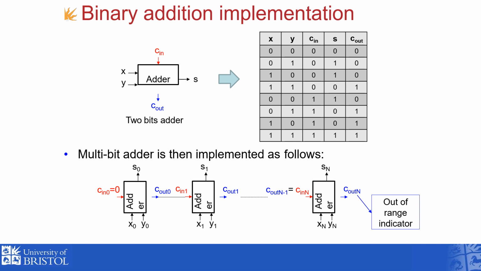It gives you a final result 1. However, you also need to carry out to the next adder another 1 over here. If you want to take a look at this table a little bit more, at this point I propose that you pause the video and take a careful look.